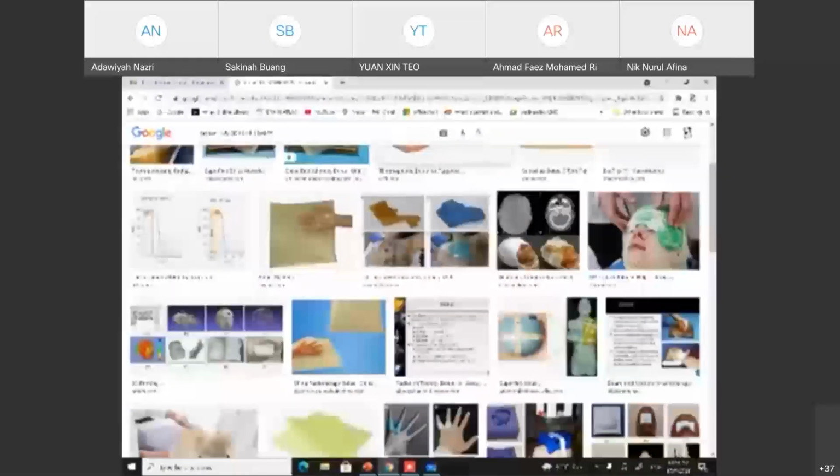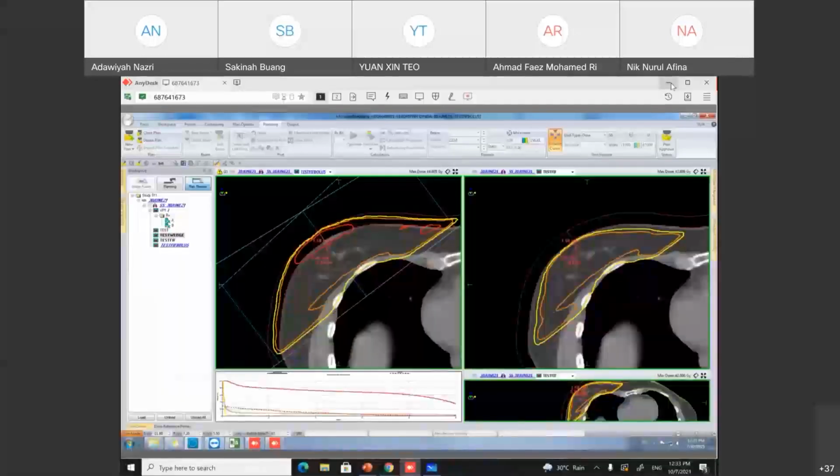Okay, other questions? There's one question here. What does it mean by OFF and under 2D? I don't understand this question. Can anyone try to explain what question she is asking?